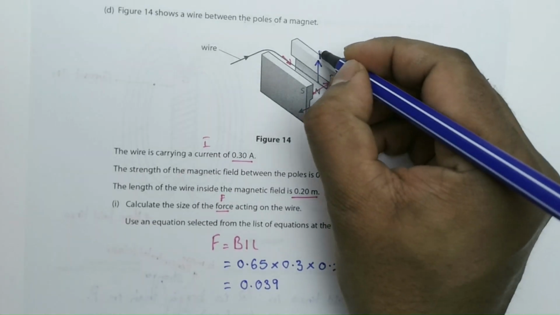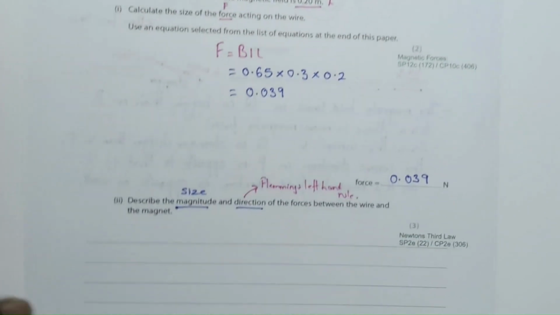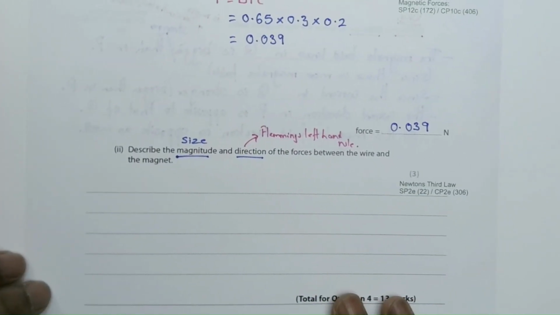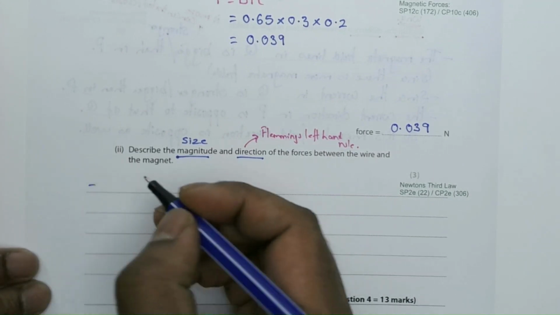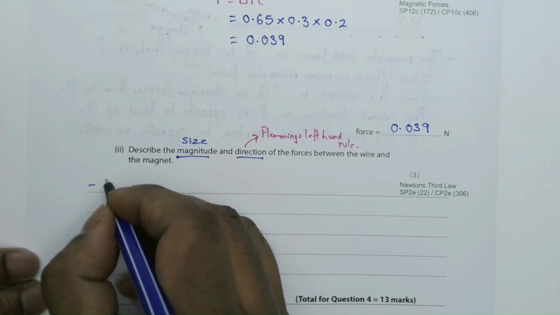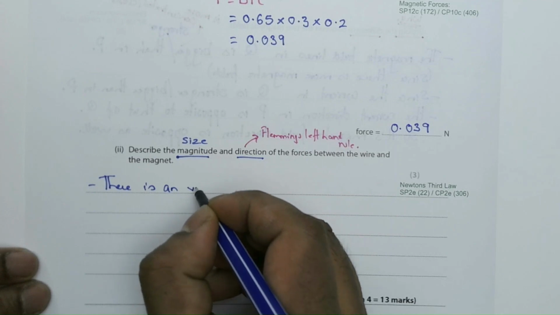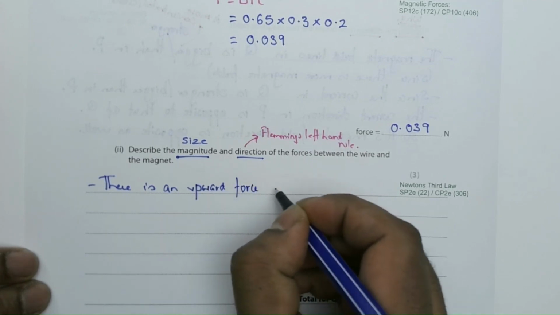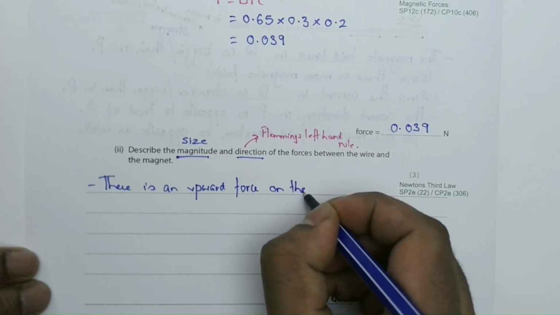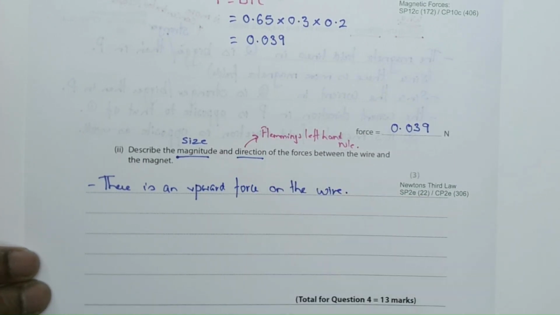So that would be the direction of the force. So let's go back to the question below, right? There is an upward force on the wire, so that gives us the direction.